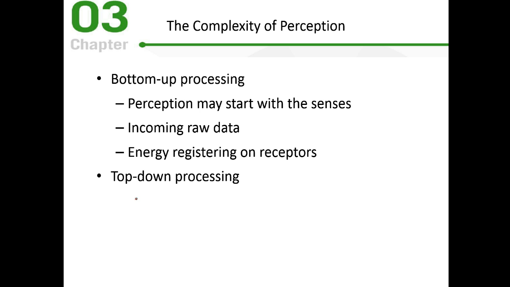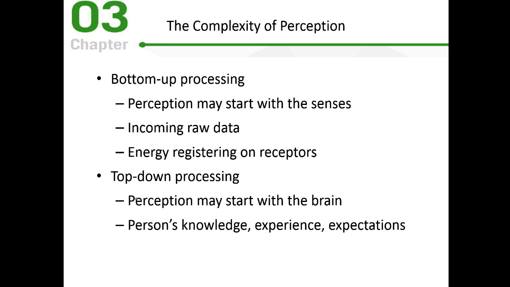Well, contrast that with top-down processing. And this suggests that perception may start with the brain, right? And that's why, think about this, it's called top down. It starts with the brain. In top down processing, we use information about our prior knowledge, our experiences, our expectations. And as you can imagine, this is where the fuzziness comes in, right?